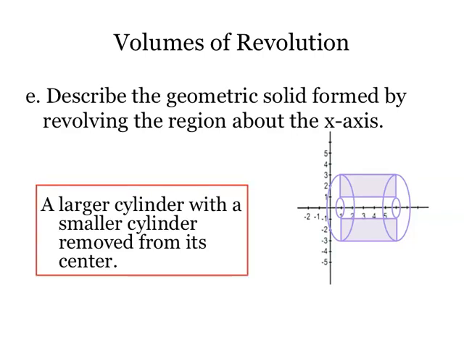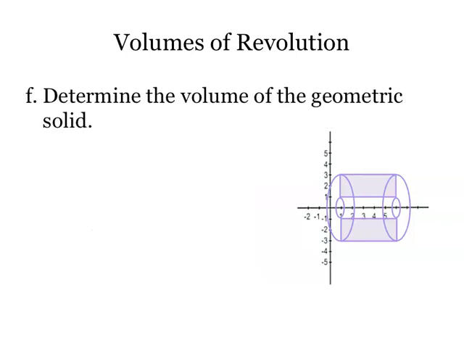Okay, now determine the volume of the geometric solid. So, how do you find the volume of this? Well, we can find the volume of the larger cylinder, and then we can subtract out the volume of the smaller cylinder that's removed. So the volume of a cylinder is pi r squared times h, right?